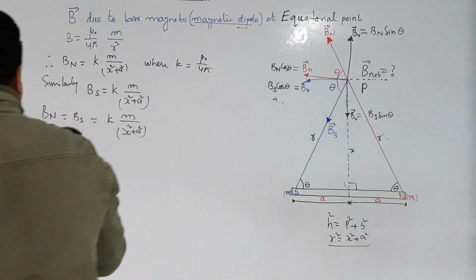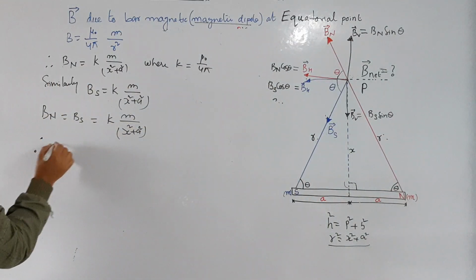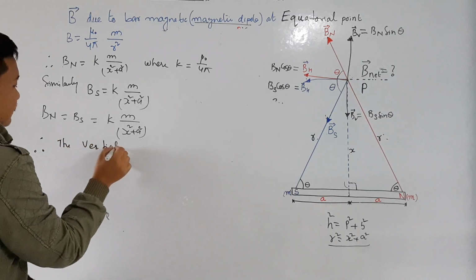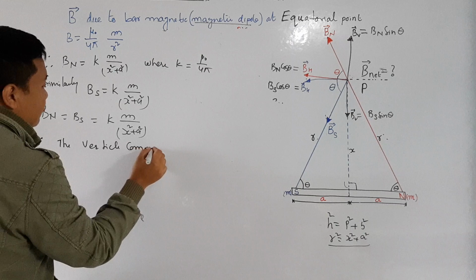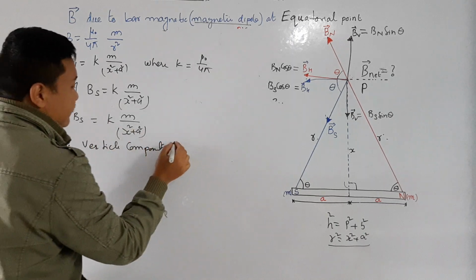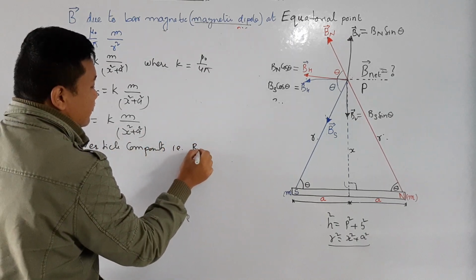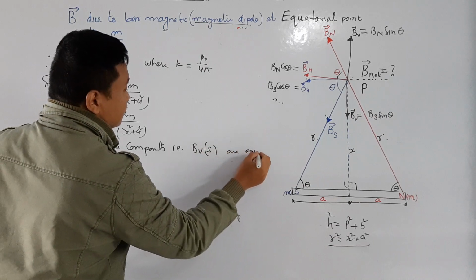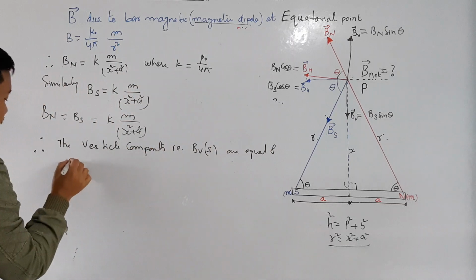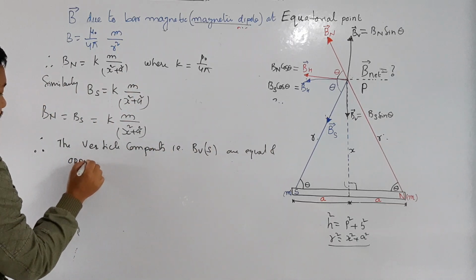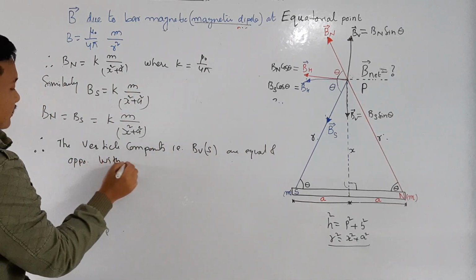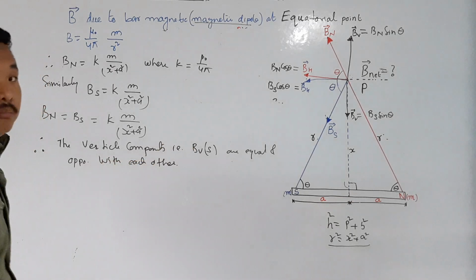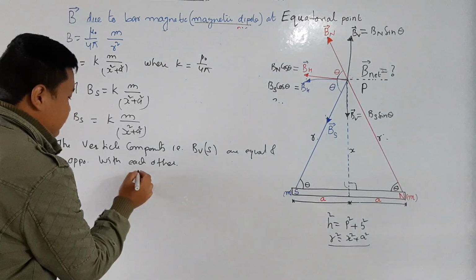So you write here, therefore the vertical components, that is BVs, are equal and opposite with each other.